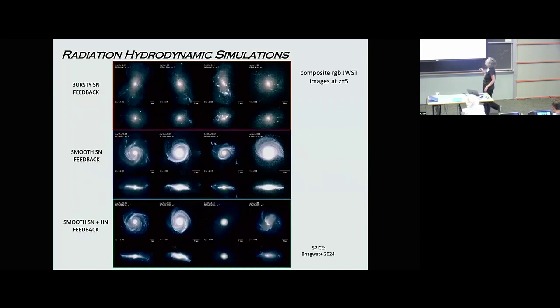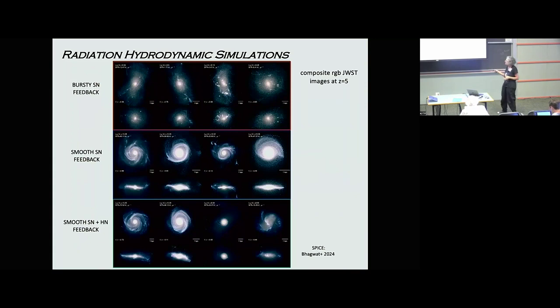And this is, for example, just a simple example of a suite of simulations, SPICE, which have been run recently, the aim of which was to understand the effect of supernova feedback on galactic properties. These are face-on and edge-on composite RGB JWST images at redshift 5, and at the top you have a case in which supernova feedback happens in bursts, so all the supernovae explode at the same time. The middle panel is smooth, so they explode according to their age, at different times.